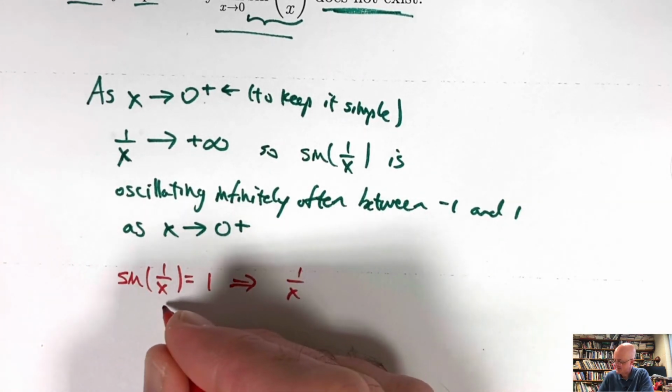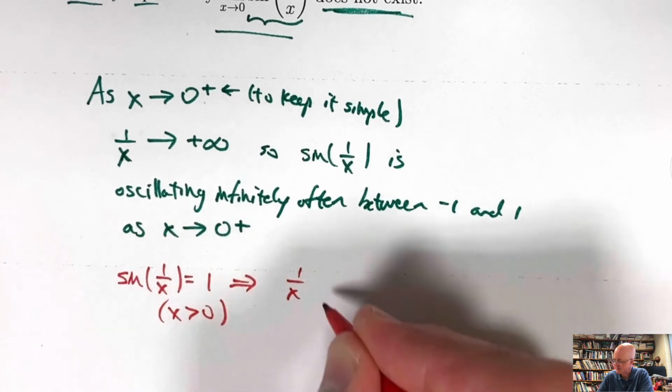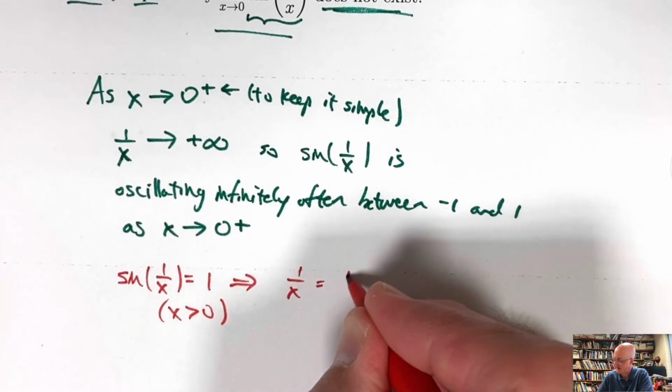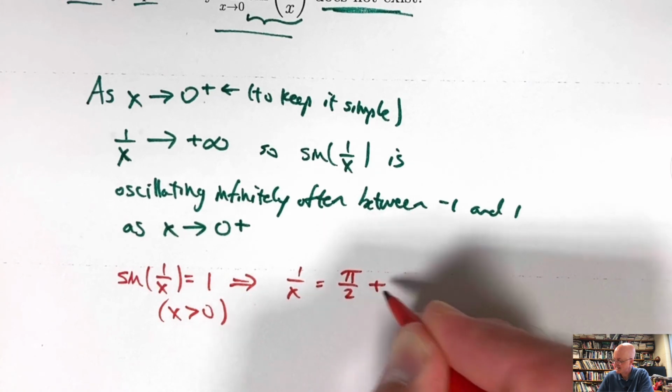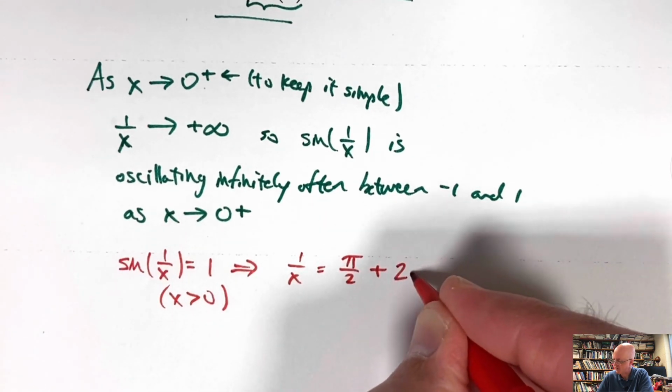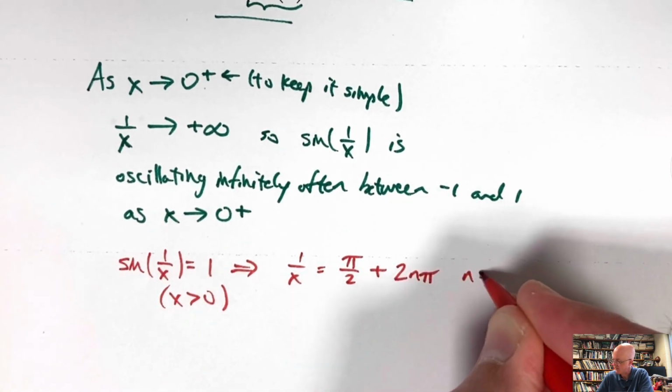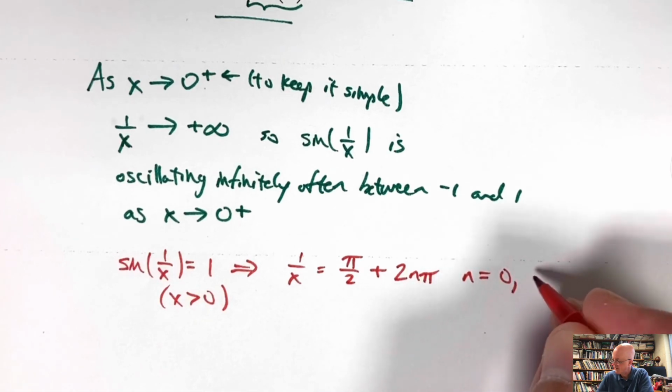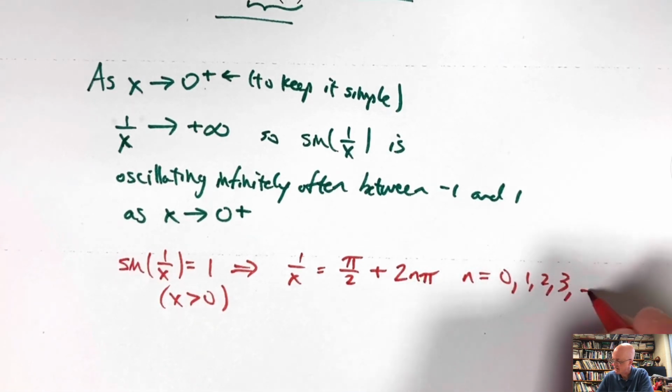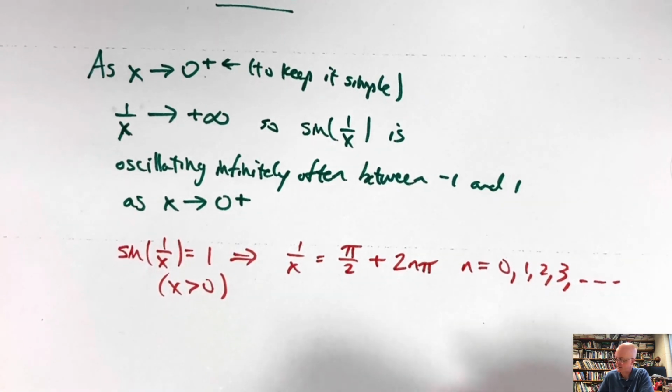If x is positive here, this means 1 over x would have to be pi over 2 plus some integer multiple of 2 pi, 2n pi, for n equals 0, 1, 2, etc. I could also think about negative values of x, and then I could allow n to be negative.